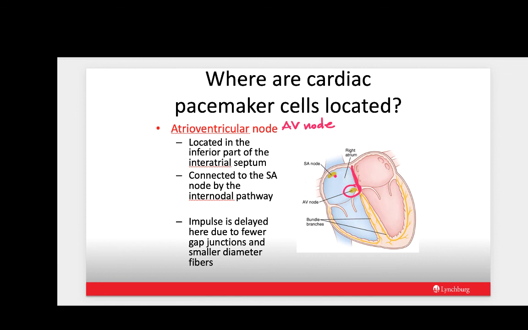The AV node and the SA node are connected by what's called the internodal pathway, and that would be this here. Okay, so here's our internodal pathway. So this is kind of a direct connection between the two, and then we're also going to have the ability to spread that wave of depolarization from the SA node throughout the atria.